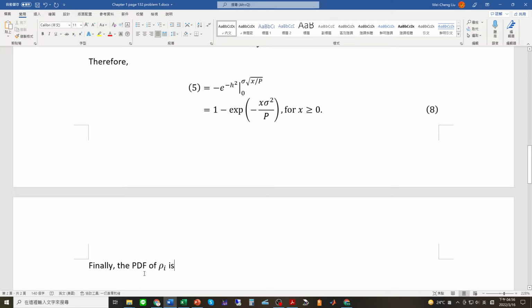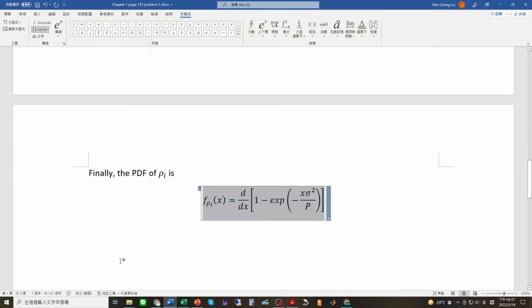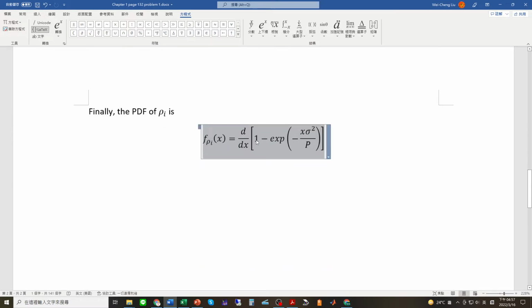Okay, finally, the PDF of rho I, f rho I of x, is the differentiation of this equation, that is the CDF 1 minus exponential of minus x times sigma squared over p, with respect to x.